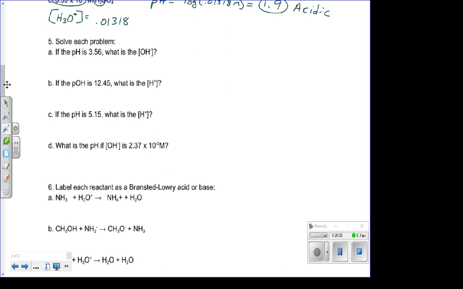So letter A, if the pH is 3.56, what's the OH concentration? To get OH concentration, we want to take the antilog of the negative pOH. Since we have the pH, we can subtract that from 14 to get the pOH.